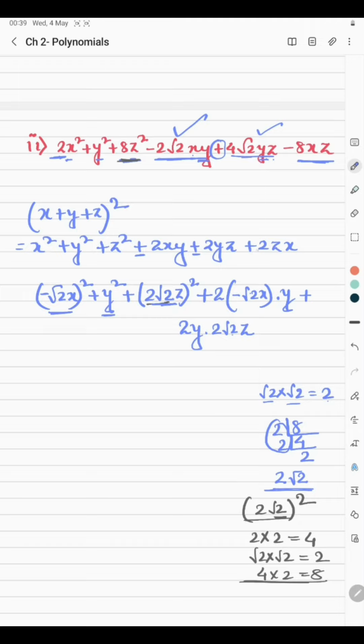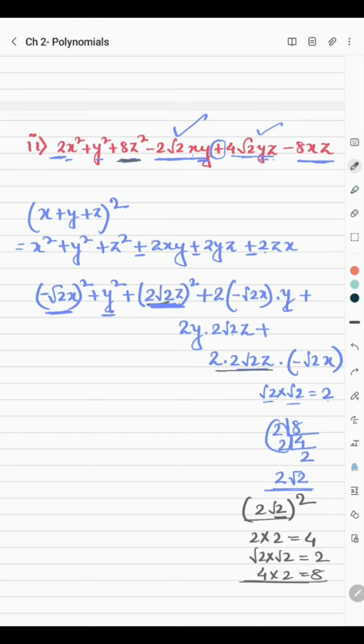Okay, then according to the identity, we have been given a plus sign, right? So again we'll give a plus sign. 2 into z into x. So z means 2 root 2z. This is the z term, and this is the x term. So here according to the identity, we have 2 into z into x. So 2 into the z term we have written. Now we need to write the x term, which is minus root 2x.